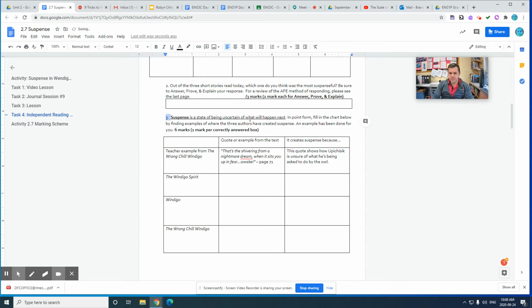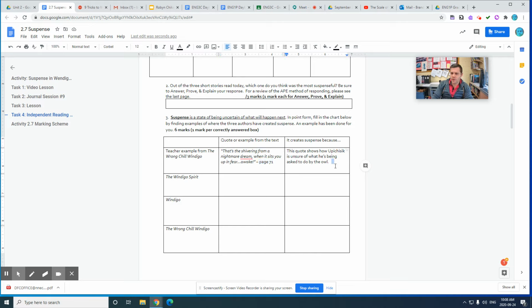Number 3 is give me an example for each story of suspense. So give me a quote, the page you found that quote on, and then just a brief explanation about how that quote creates suspense. So I took a quote from Wrong Chill Wendigo and I said, that's the shivering dream from a nightmare. That's the shivering from a nightmare dream when it sits you up in fear awake. So I have the quote, the page number, and then why it creates suspense.